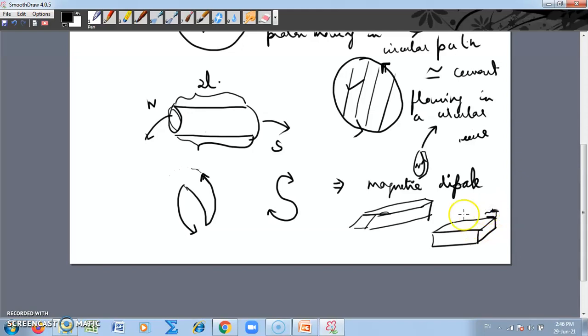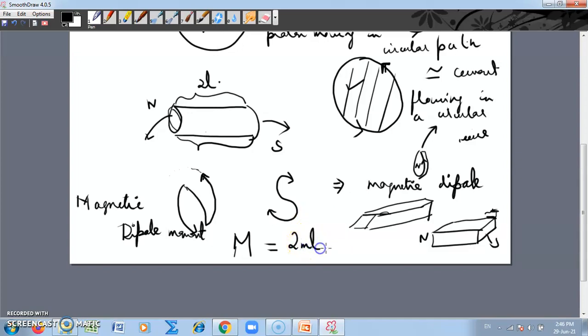So here one side is N, the other is S. Now we associate a quantity. We all know there is a quantity called M, which is called the dipole moment, or if I want to be more specific, the magnetic dipole moment, and this is equal to 2L times M. 2L is the length multiplied by the pole strength, so this is 2ML.